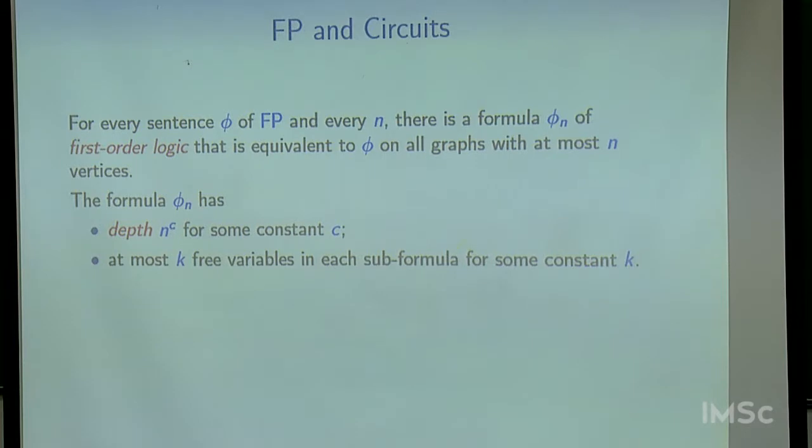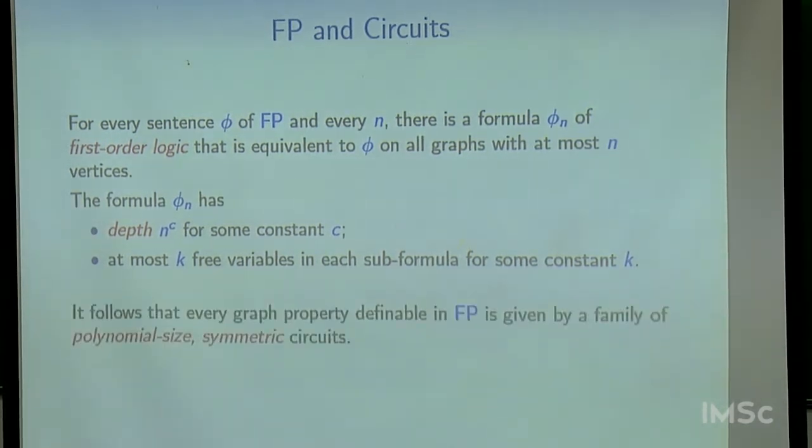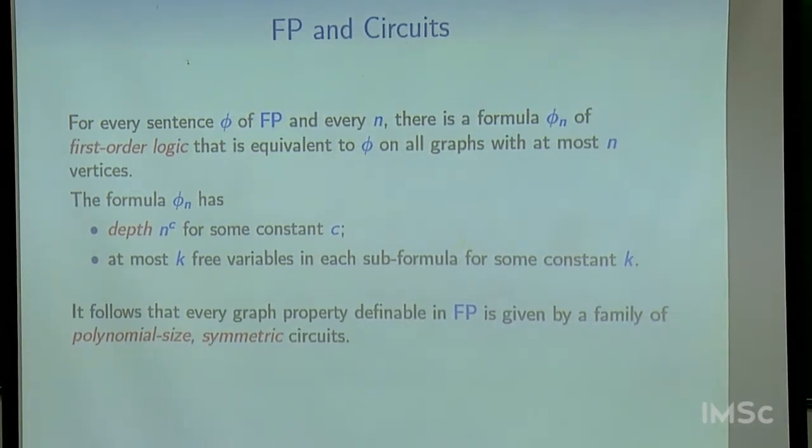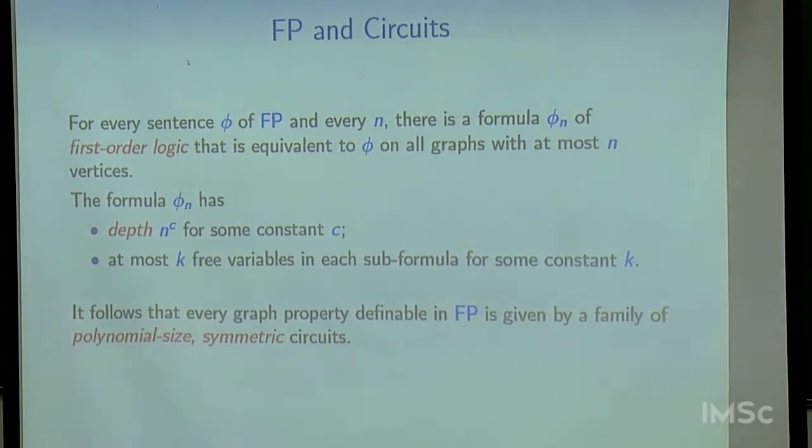This requires a slightly clever argument in unfolding the induction, but you can keep this bound to a constant, which means that when you then do the translation to the circuits that I described, you get polynomial size circuits, and they're still symmetric by exactly the argument we had before. So every formula in FP is given by polynomial size symmetric circuits.